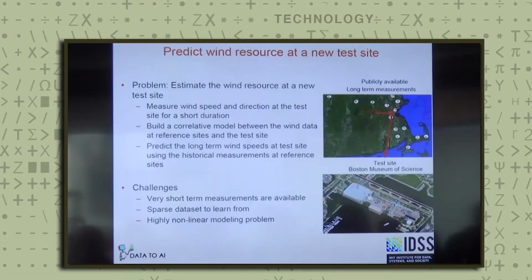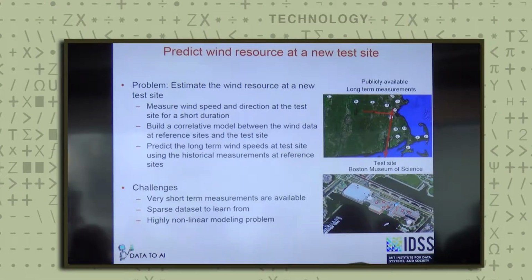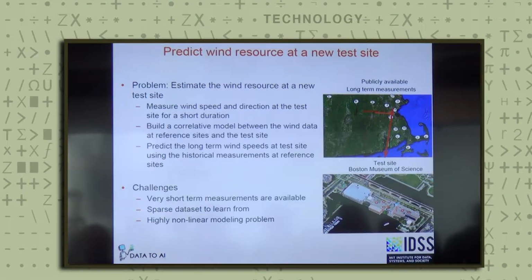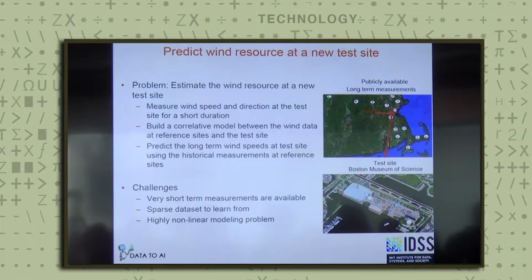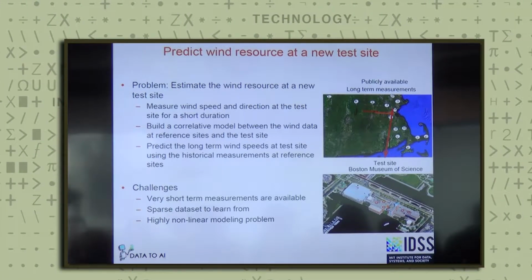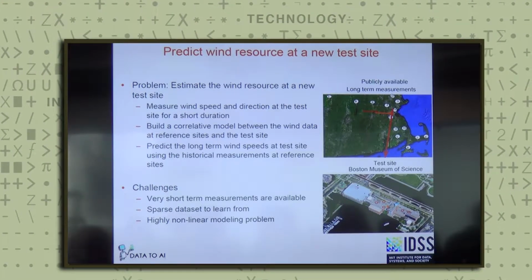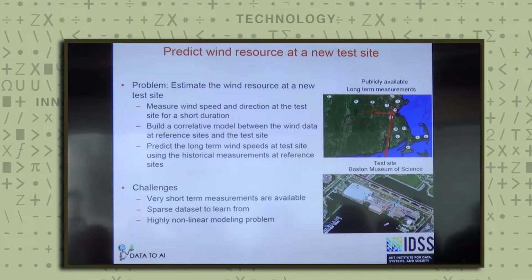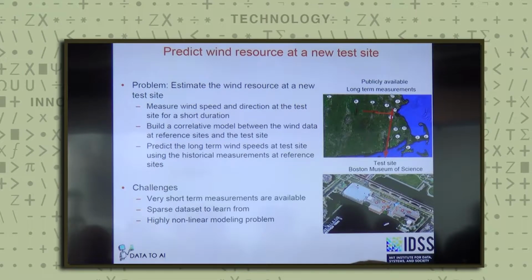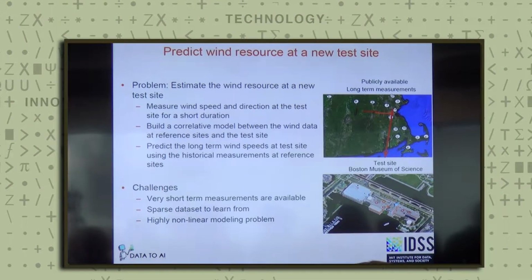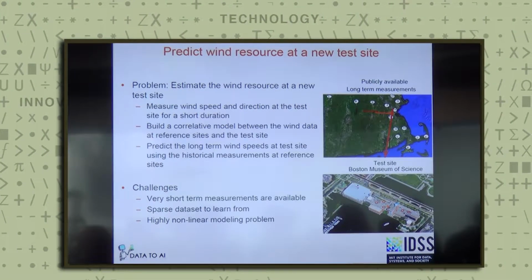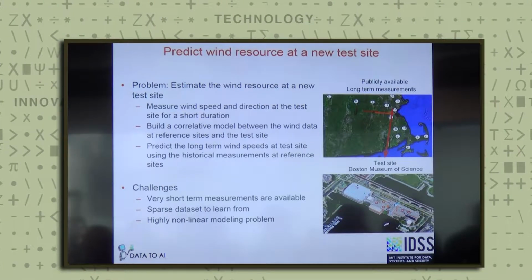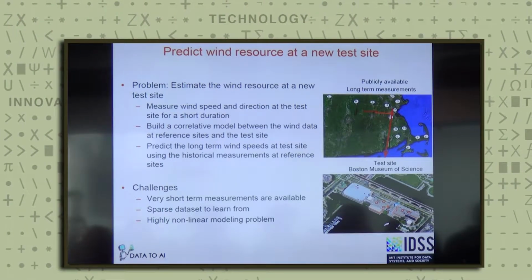So the problem was that we wanted to figure out how we can use machine learning to estimate what sort of wind resource will be at a new test location. Before you set up a wind farm or a wind turbine, what you usually do is set up equipment there to measure the wind speed for a short duration of time, and then you try to correlate that with sites that have wind measurements for a longer duration historically.